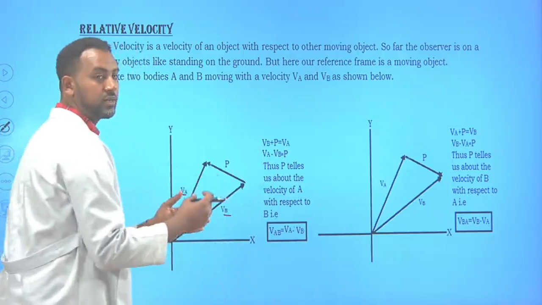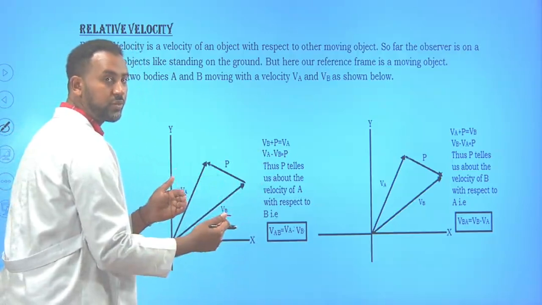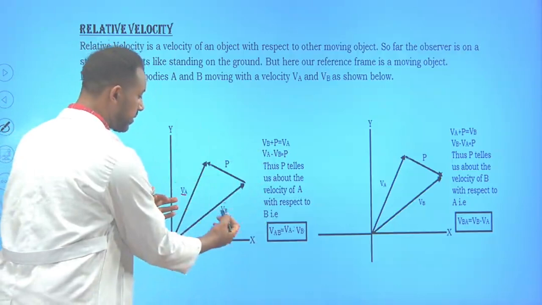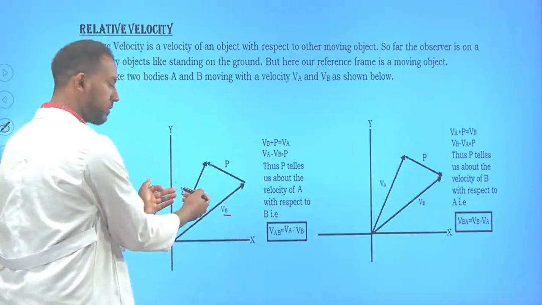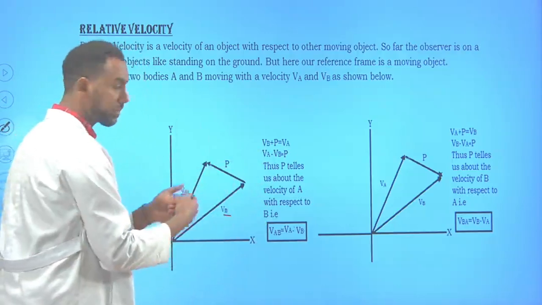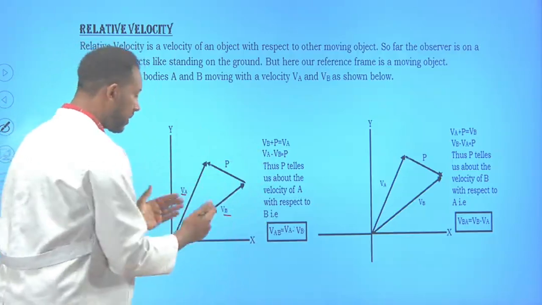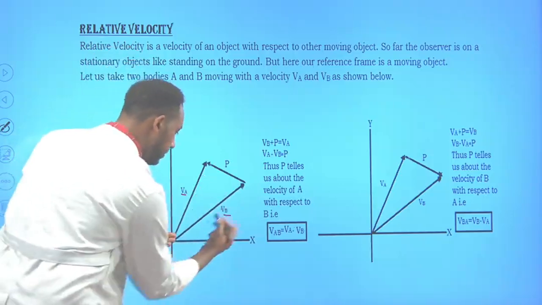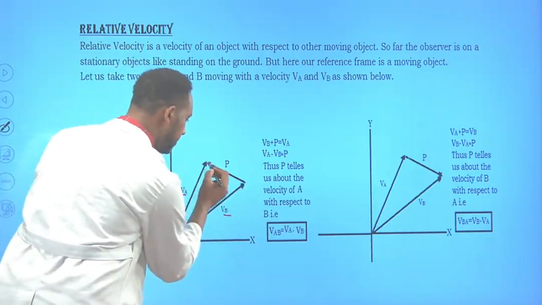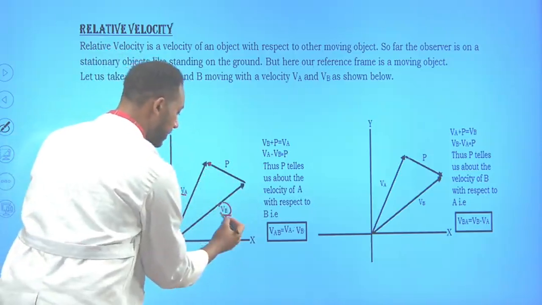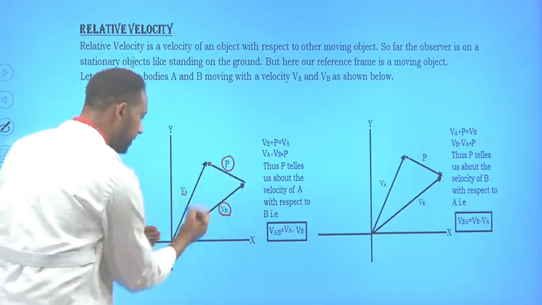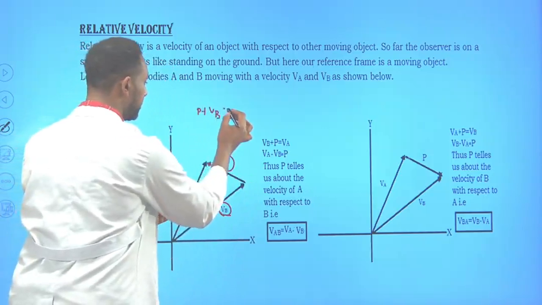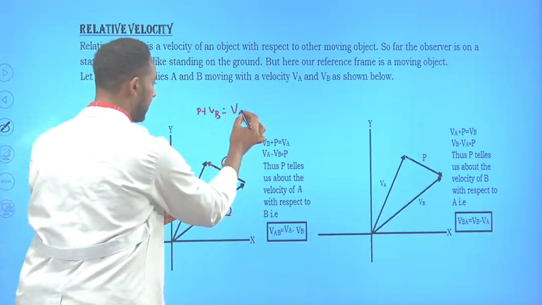To determine the relative velocity of one car as expressed by the other car, or let's say the driver on this car describing the velocity of the other, or vice versa, from vector quantities you have learned that it's possible to determine the resultant of two vectors. Here, the velocity of B, and let's assume this is P. P plus VB gives us the resultant velocity VA.